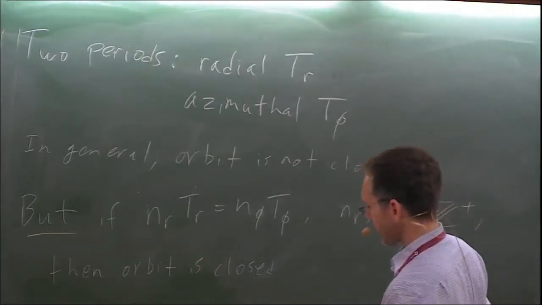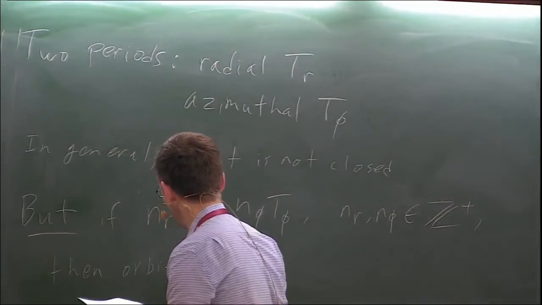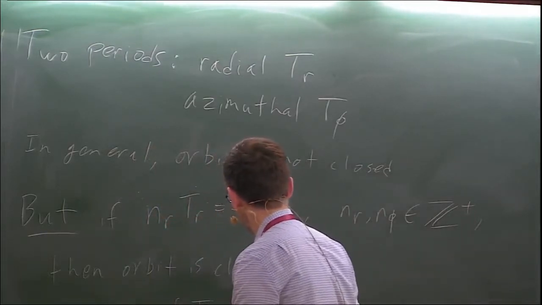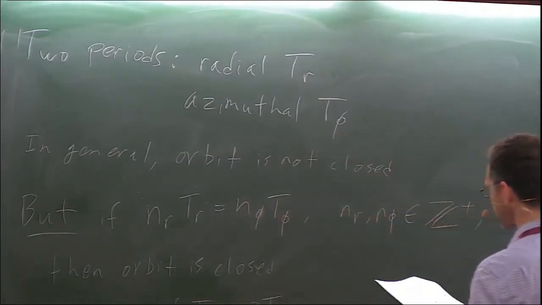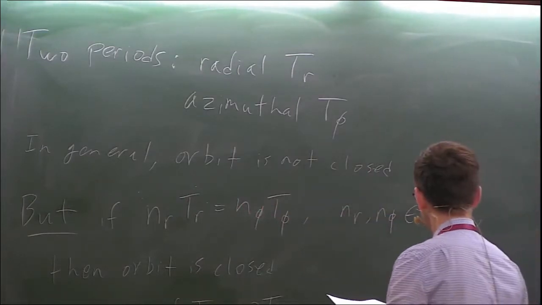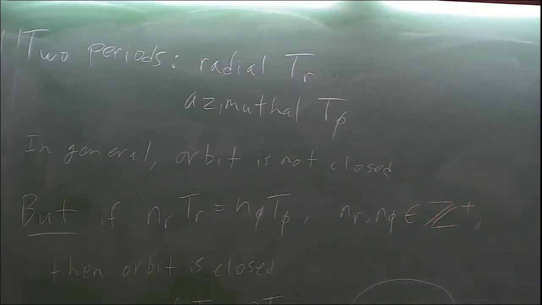So as an example, if the radial period is twice the phi period, then you get 2 cycles of phi for 1 cycle of r. So that'll look like that.